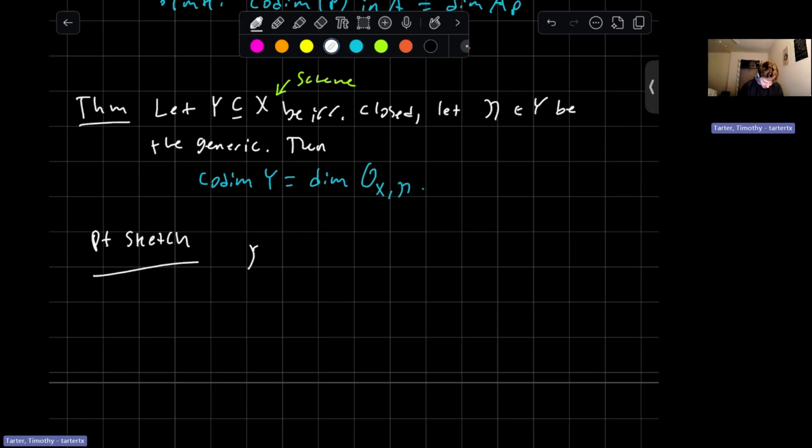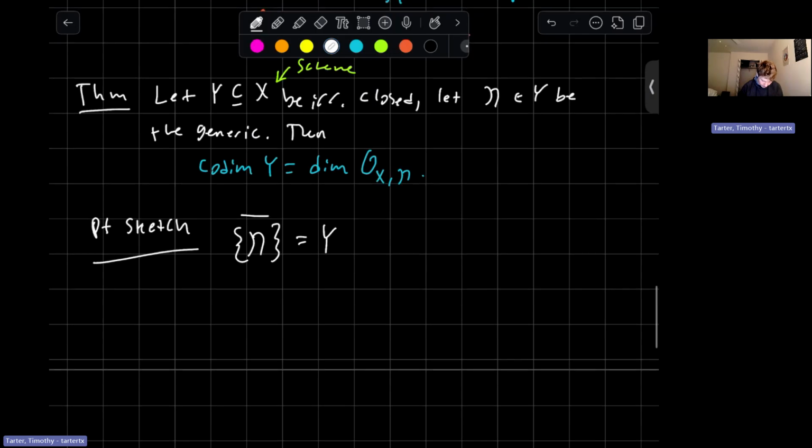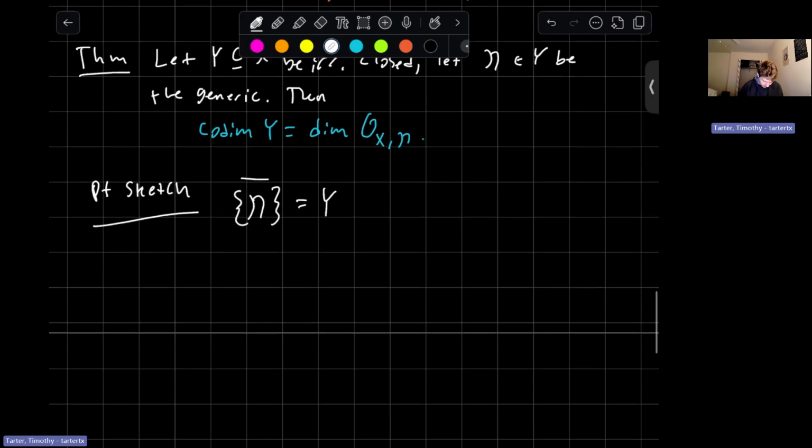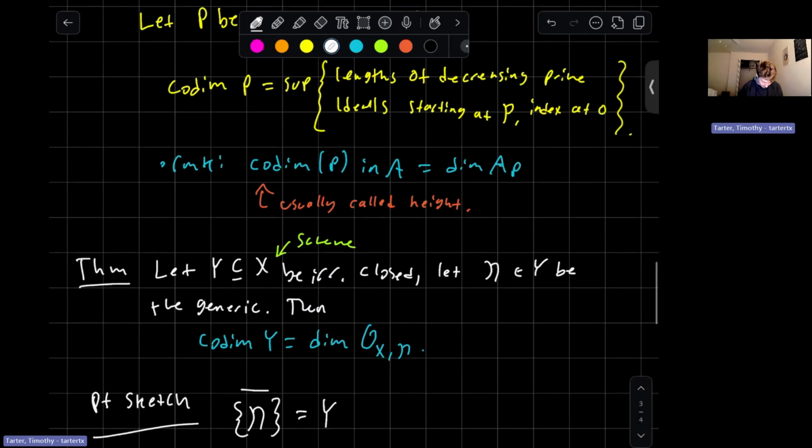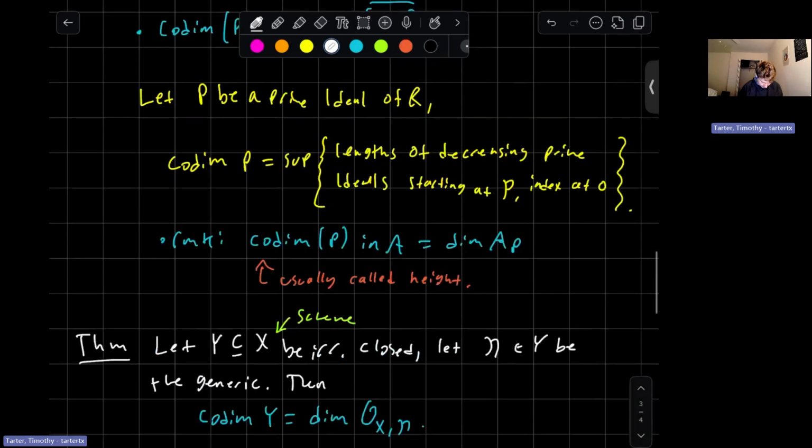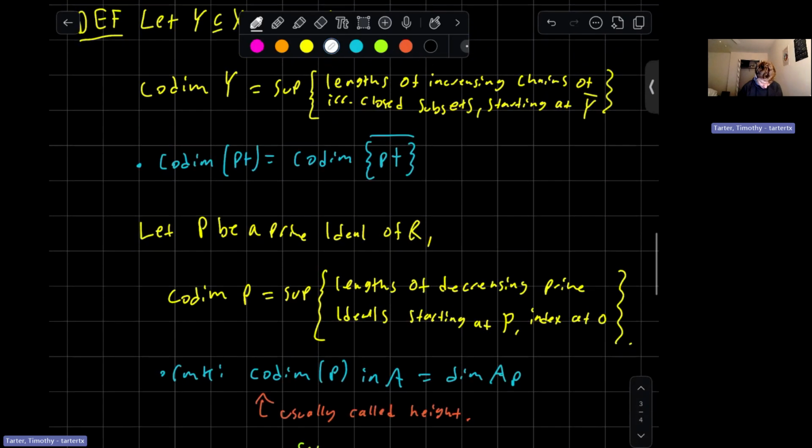So proof sketch, we know that the closure of eta is equal to Y, and so then the codimension of the closure of eta is as defined here.